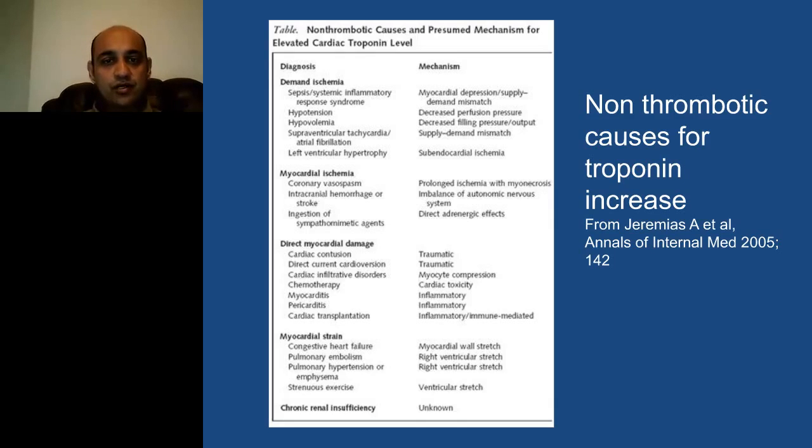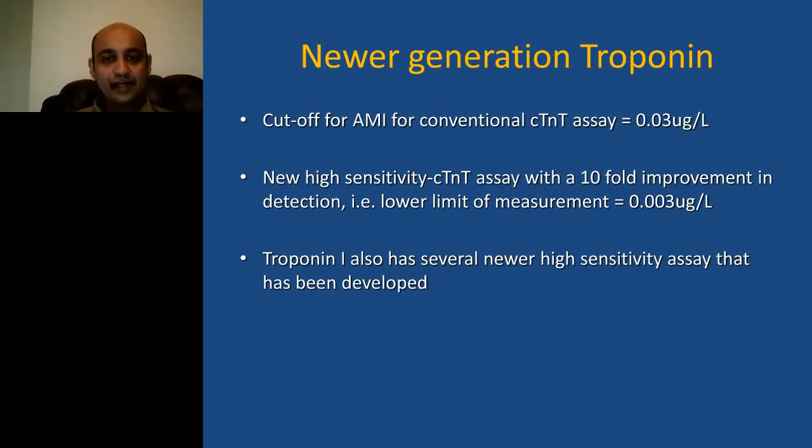You will notice things like demand ischemia, which can come in several situations, such as hypotension, sepsis, supraventricular tachycardia, or just having LVH. We also have direct myocardial damage, which can result from an injury, cardiac contusion, what have you. And finally, you can have other situations such as pulmonary embolism and other pulmonary causes for which the troponins have been shown to be elevated.